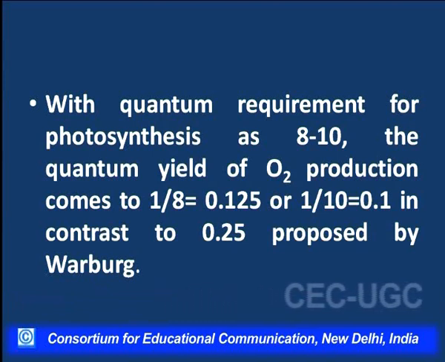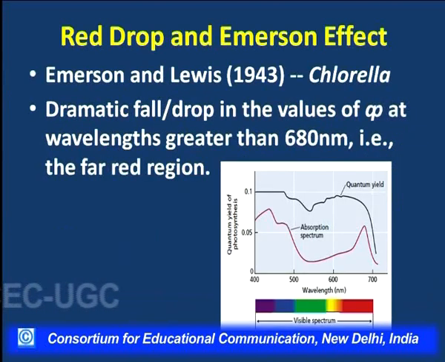Our figures have been reduced by almost 50%. This is the first part: how many light quanta are required to produce a molecule of oxygen. Certainly they are not 4, although theoretically they appear to be 4 with the help of the equation. But if you are going to do something twice, then you have to spend twice. It's as simple as that.